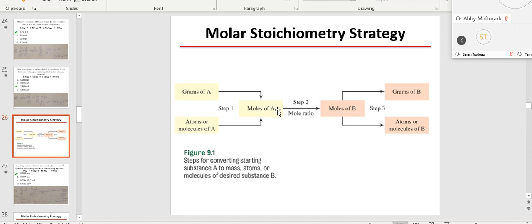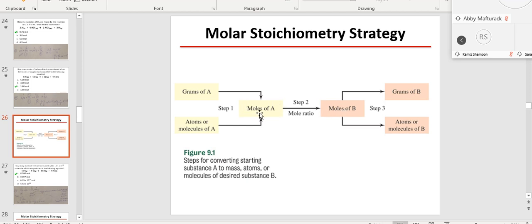So it's exactly the same as what we've been doing, but I just didn't give it to you in moles. So before you do any calculation, if I give you something in grams, you got to convert it to moles and then go forward. If I give you something in number of atoms or molecules, you got to convert it to moles and then go forward.